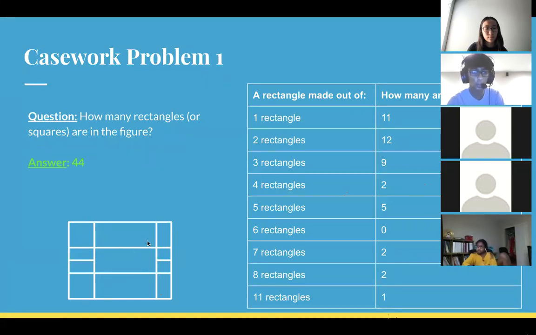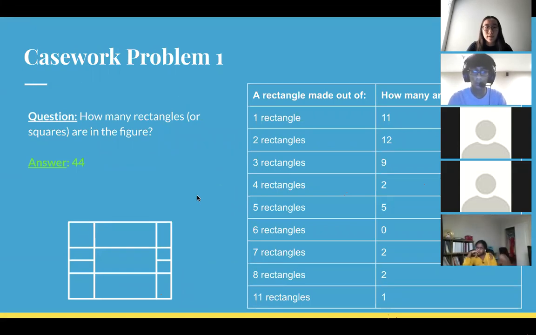I know that I'm not drawing on the screen, but it's pretty important that you see all the rectangles that are being listed. We don't really have the time right now, but we could go through all the rectangles, but remember, you just need to find them all systematically and stay organized. That's the key to doing this question.